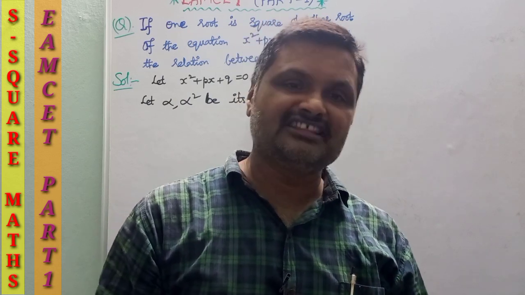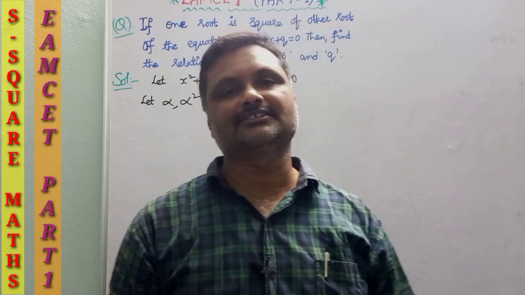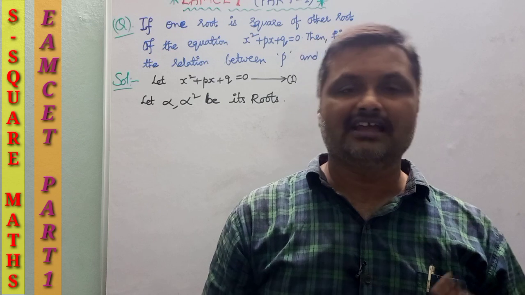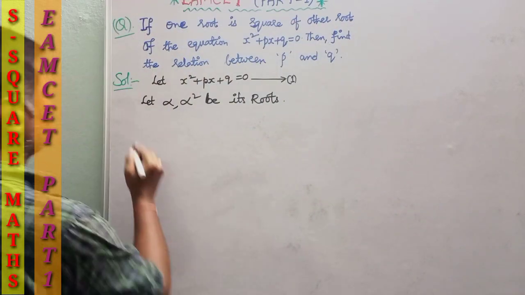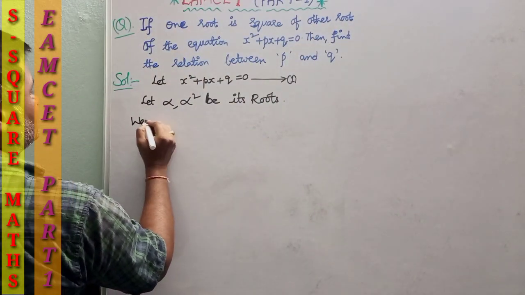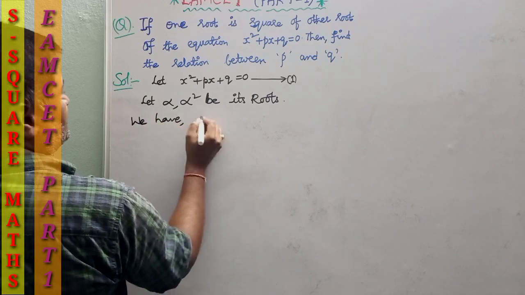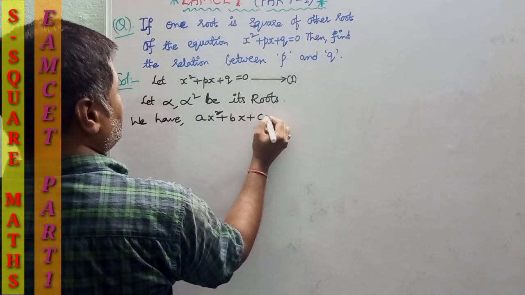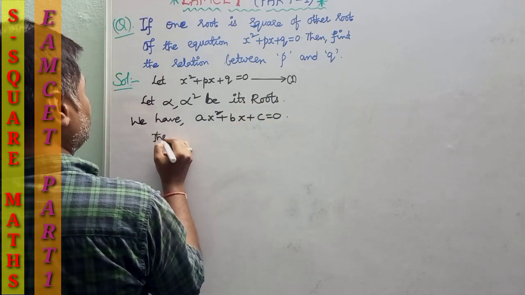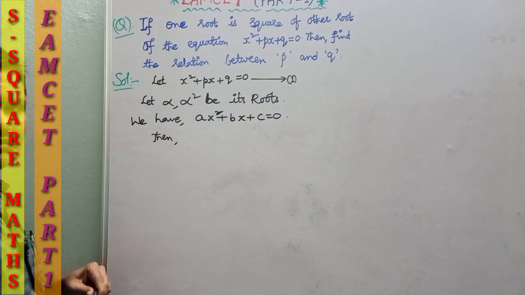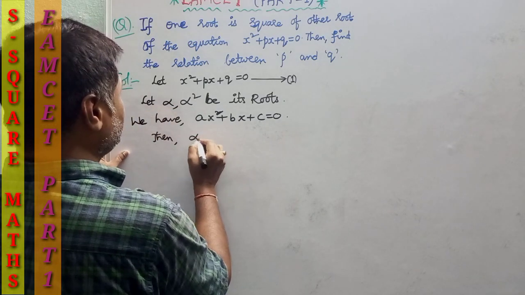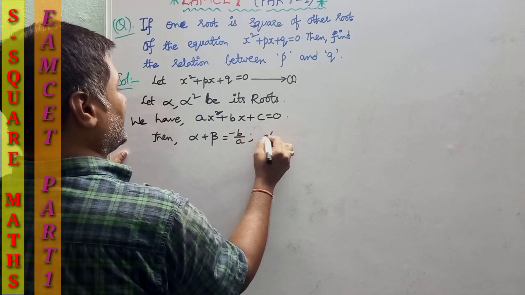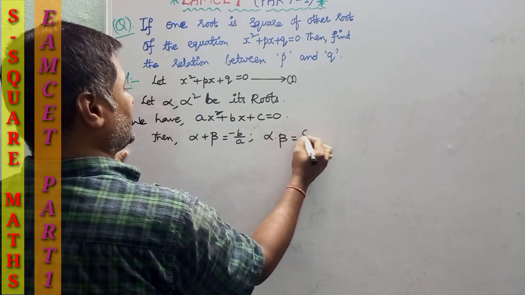With the basic concepts of the quadratic equation, let us go through the direct steps. We know that for ax square plus bx plus c is equal to 0, the sum of the roots is alpha plus beta is equal to minus b by a, and the product alpha into beta is c by a.